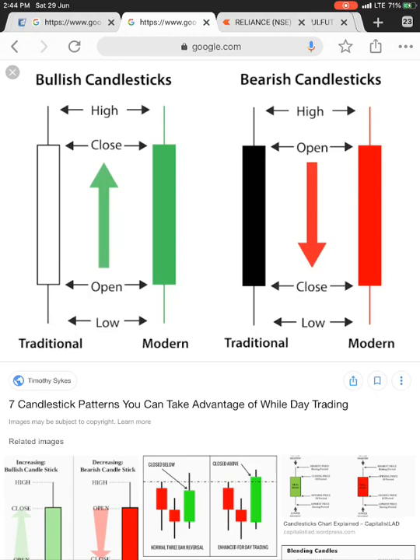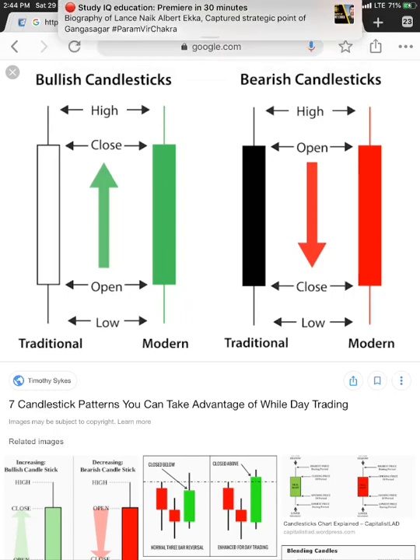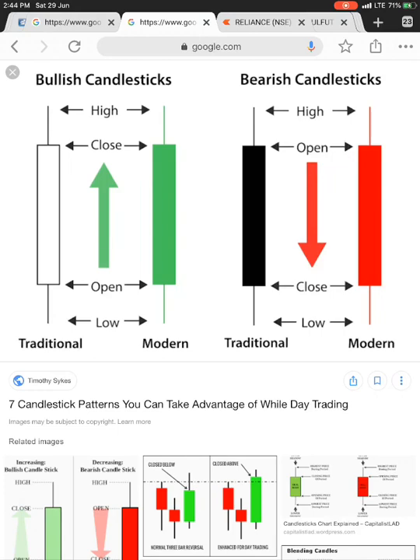Take the green candle, which is also called a bullish candle. In the bullish candle, the low is at the lowermost part and the high is the highest point, and there is a strong body consisting of open and close.